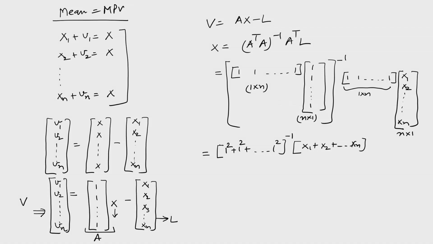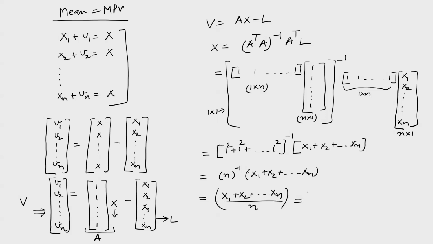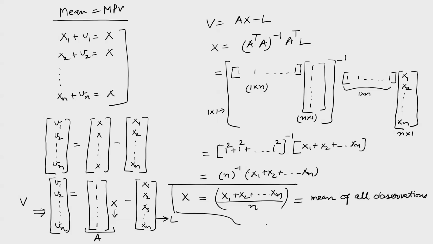So you will get a 1 cross 1 matrix here, and here also you get 1 cross 1. If you add 1 square n times, you will get n inverse, and here the summation x1 plus x2 plus xn, and I can write x1 plus x2 plus xn divided by n, which is nothing but the mean of all observations, right.